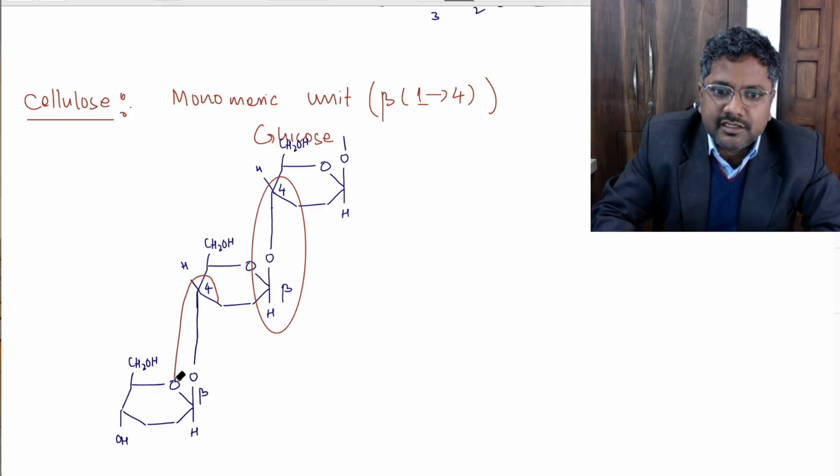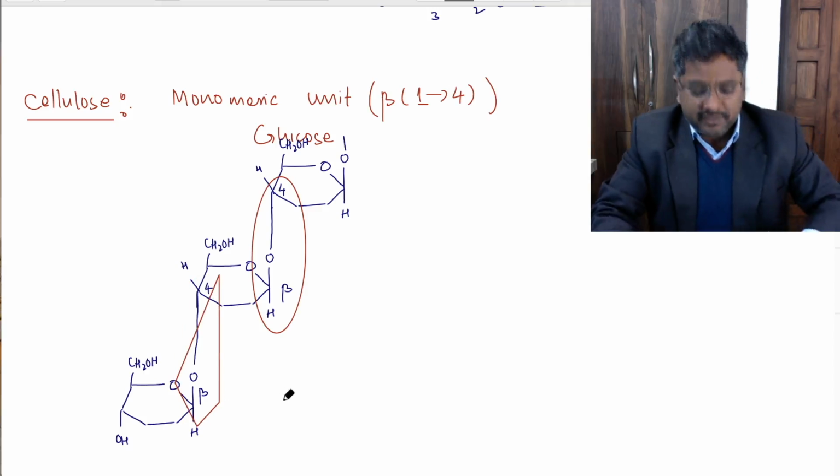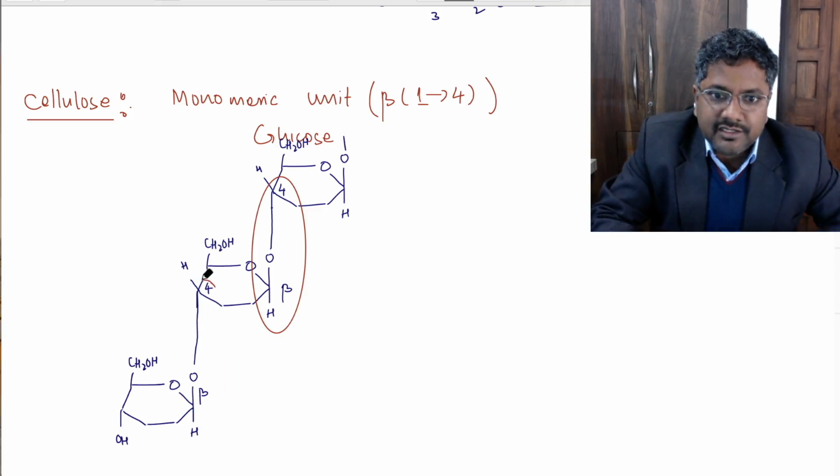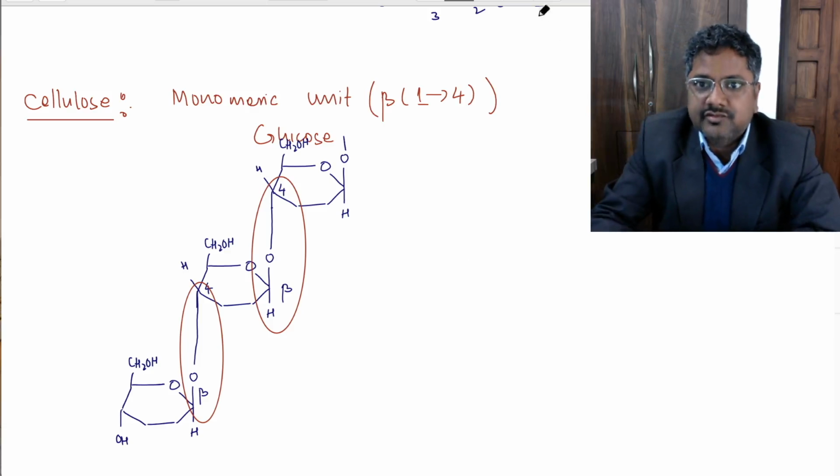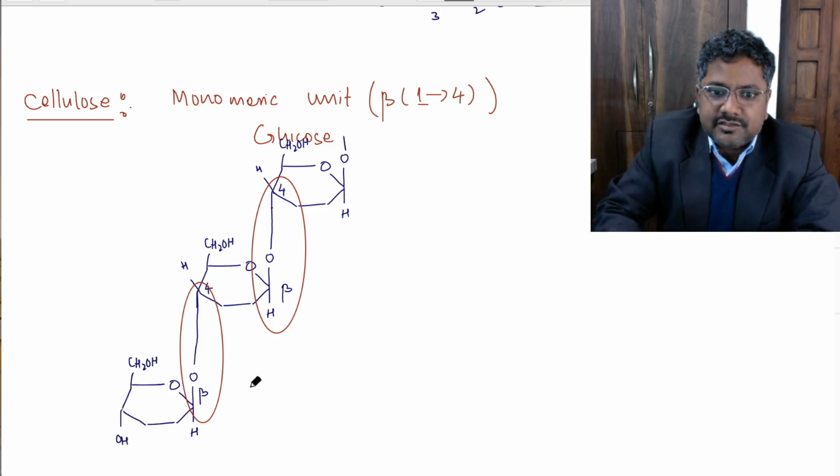So see, these are the important questions because linkage is very important. If you change the linkage here from beta to alpha, it becomes something else, right? Suppose this is alpha, then this is starch, amylose, right? So this is beta 1,4.